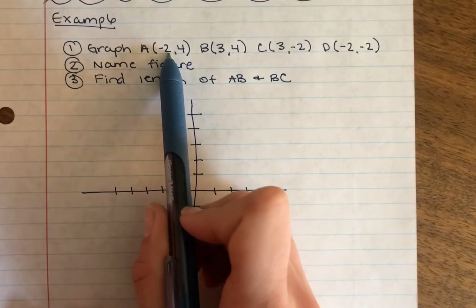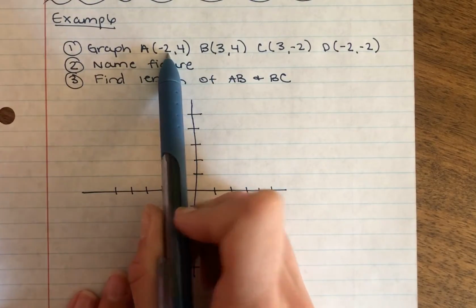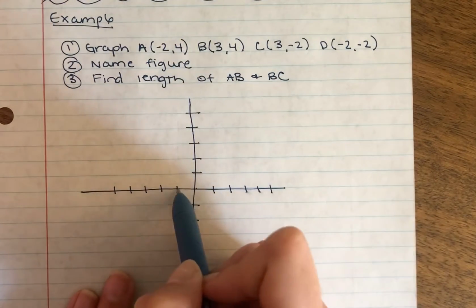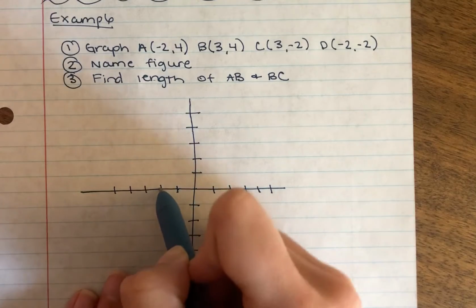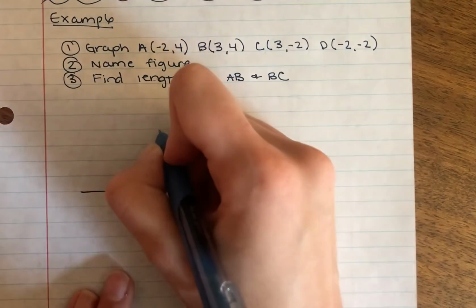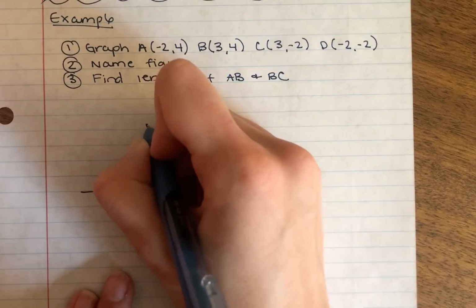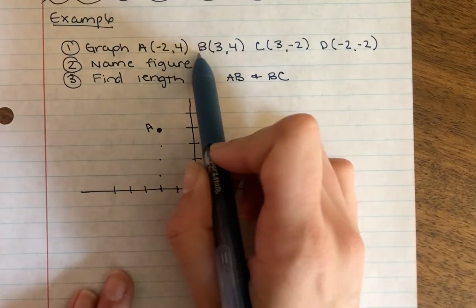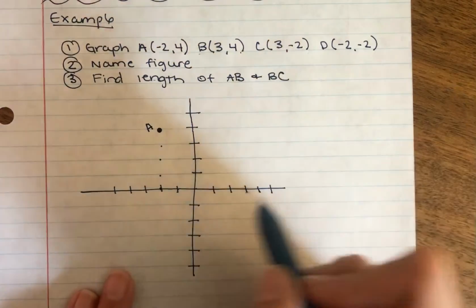Our first one is A at -2, 4. Remember that -2 means I'm going to go to the left 2, and that +4 means I'm going to move up 4. So we go 1, 2, 3, 4. Plot your point and name it A. The next point is B, which is at 3, 4.